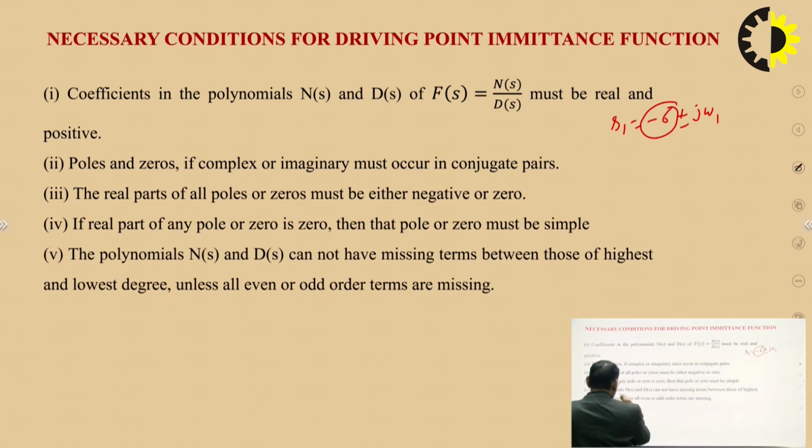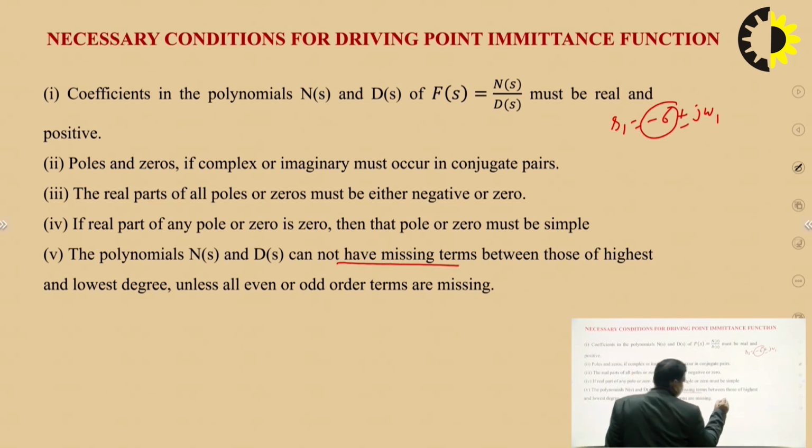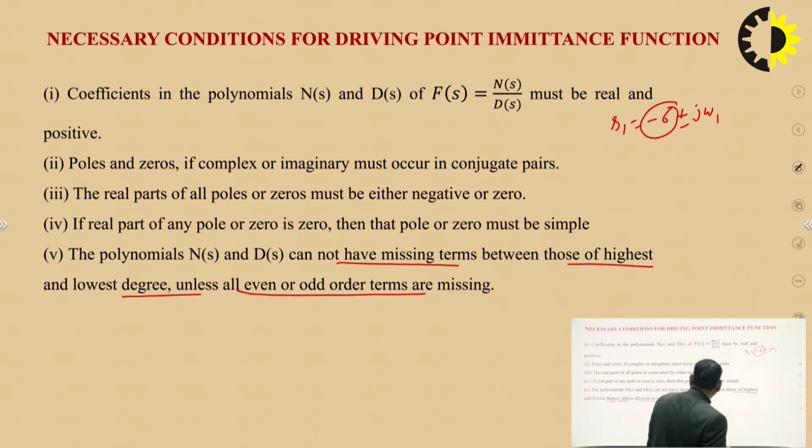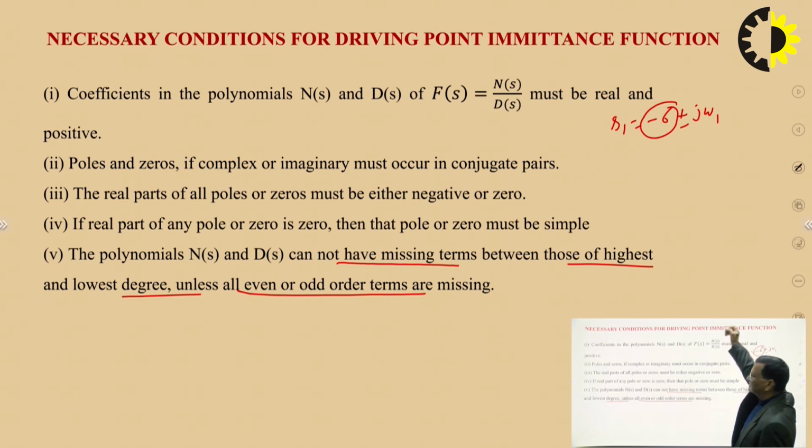Fifth, the polynomials N(s) and D(s) cannot have missing terms between those of highest and lowest degree, unless all even or odd order terms are missing. For N(s), suppose the highest degree is m and the lowest is 0.